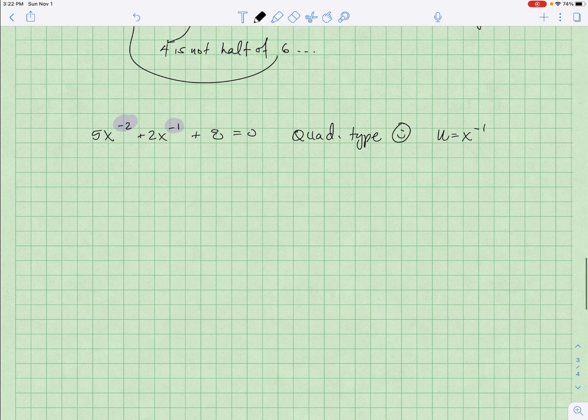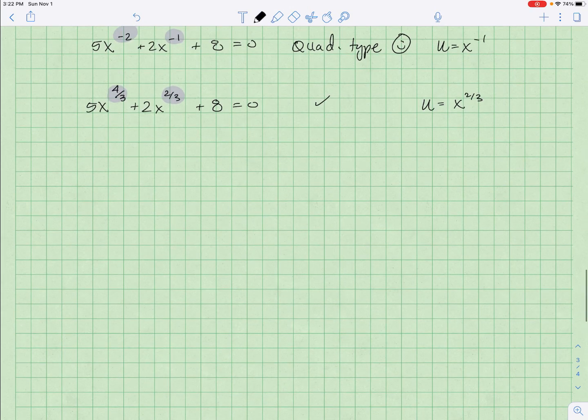And you can see weirder situations. It can be rational exponents. 5x to the 4/3 plus 2x to the 2/3 plus 8 equals 0. Check. This will work. And in this case, u is equal to x to the 2/3, that middle power, because again, 2/3 is exactly half of 4/3.